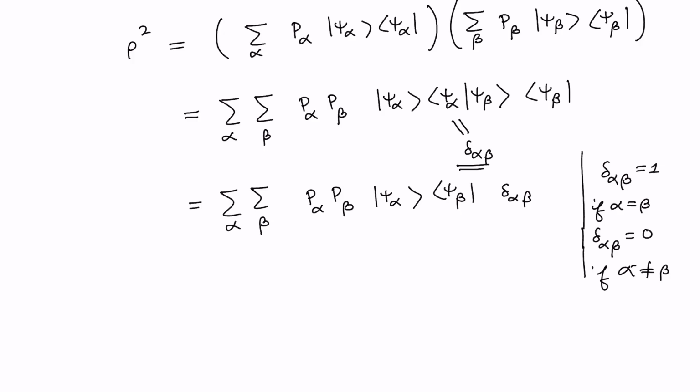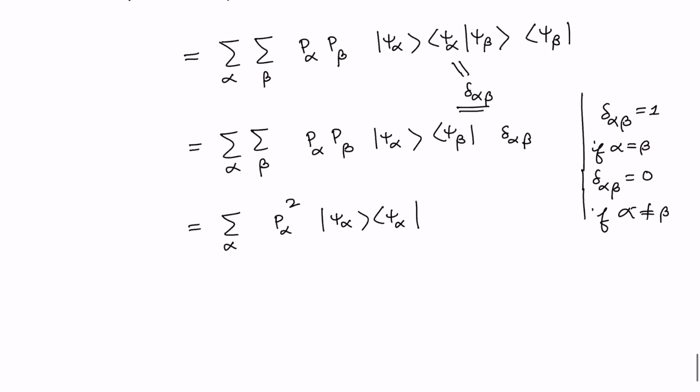So using this, immediately I can write sum over alpha P alpha P alpha, that is P alpha square, because beta is equal to alpha now. So we'll have |psi alpha><psi alpha|. All right, and so this is my rho square.